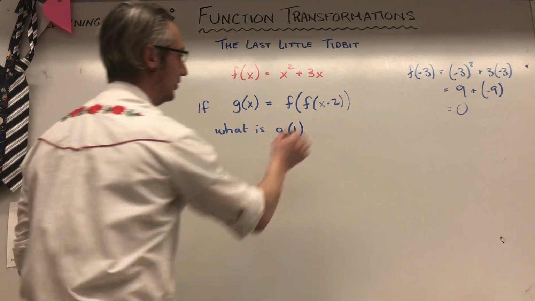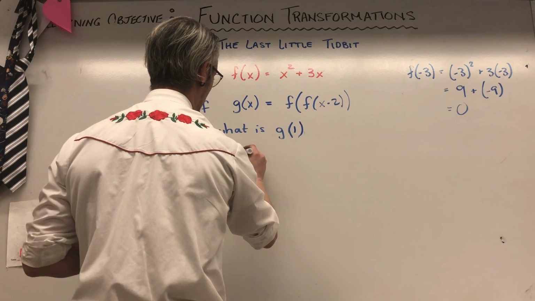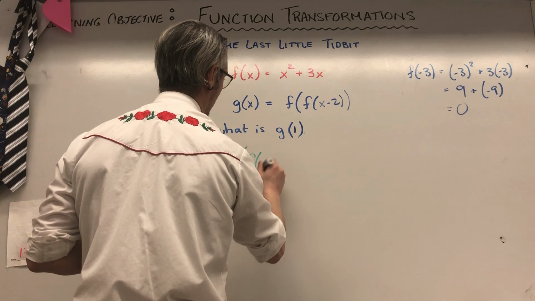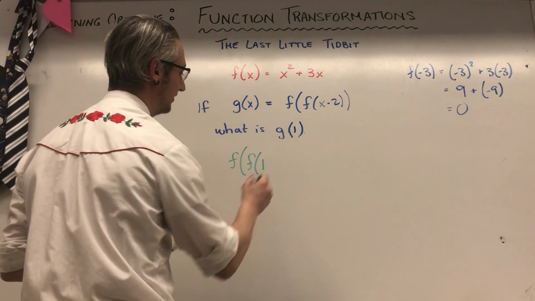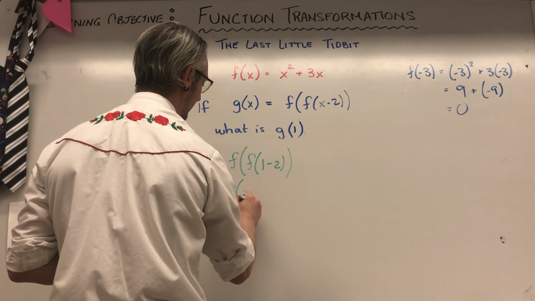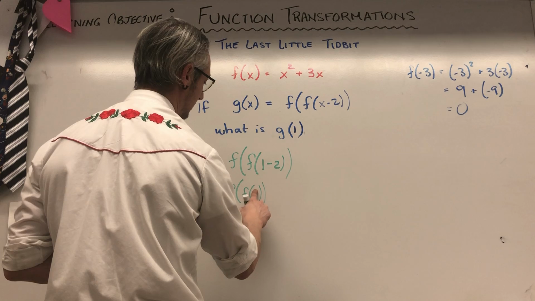So the first thing I'm going to do is solve what f of 1 minus 2 is. I have f of, now I'm going to input my x, 1 minus 2, and then this becomes the function value at -1.